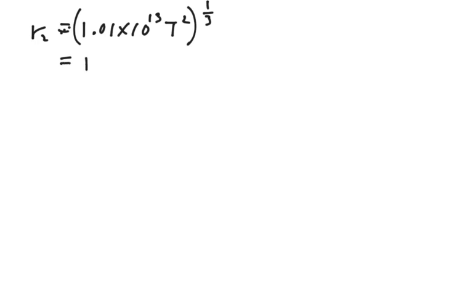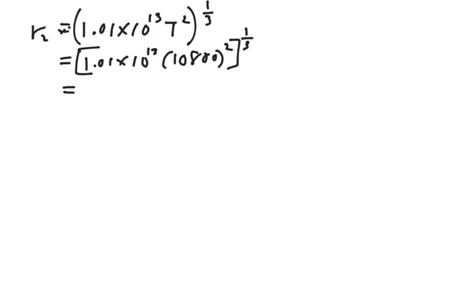So that is going to be 1.01 times 10 to the 13 times 10,800 squared, all that to the 1/3 power. And what does that give me? It gives me 1.056 times 10 to the 7 meters. All right, so that's my second radius.